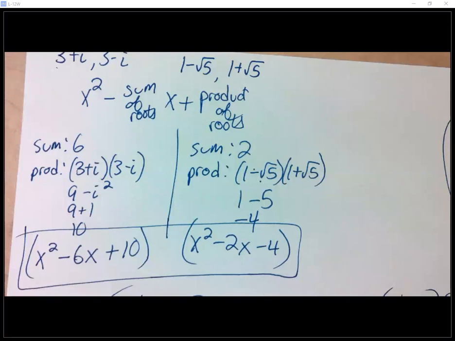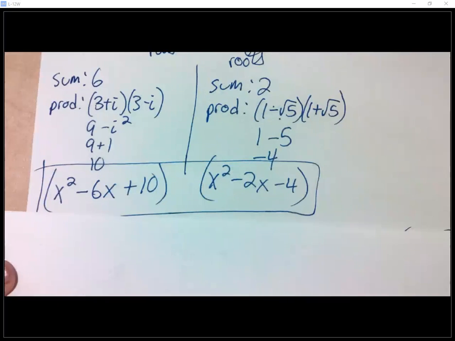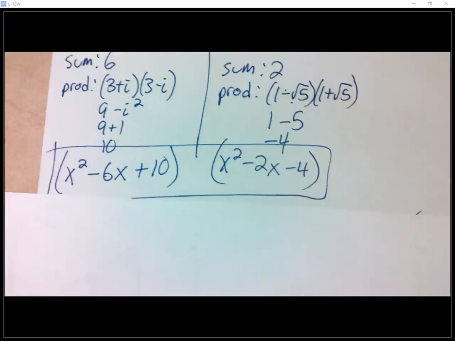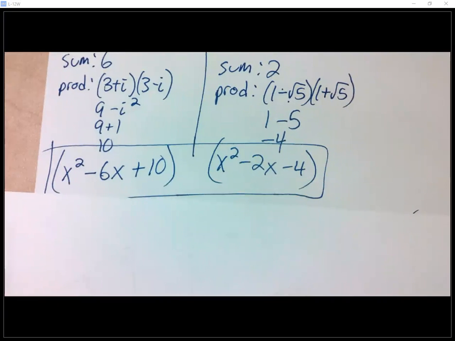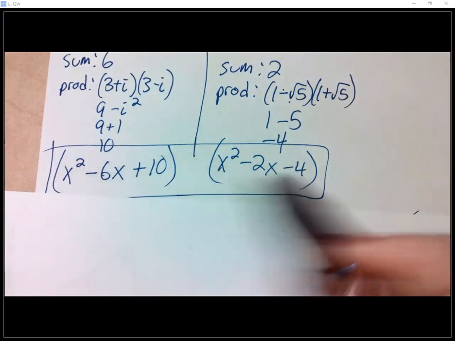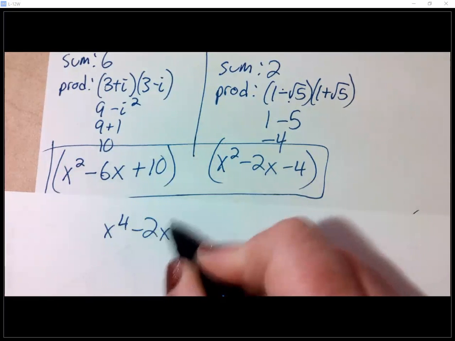Okay, so if I'm going to multiply these two things together, this is a 3 by 3, so I should have 9 things before I combine my terms. I'm just going to take x squared multiplied by all 3. That would get me x to the 4th minus 2x cubed minus 4x squared.